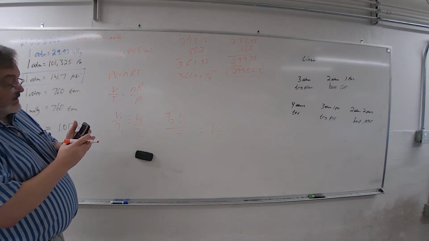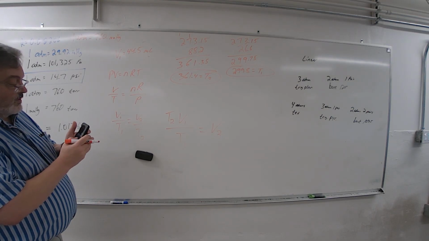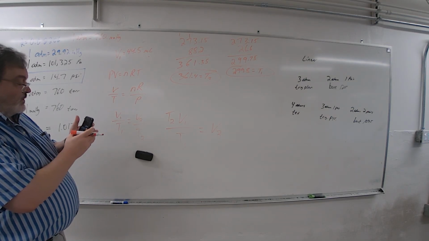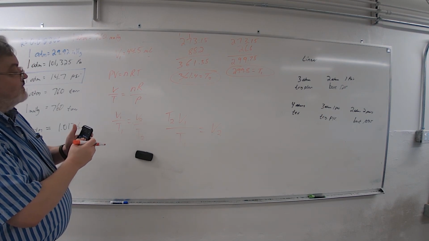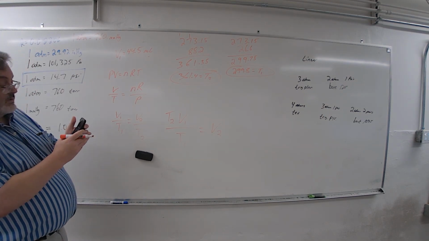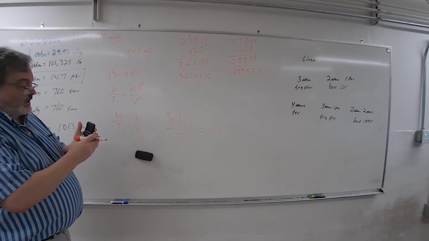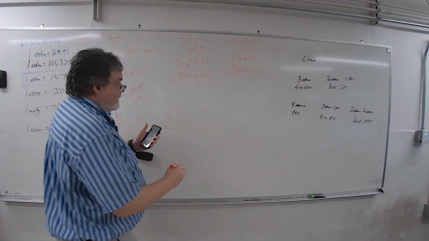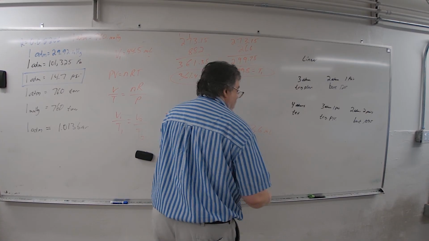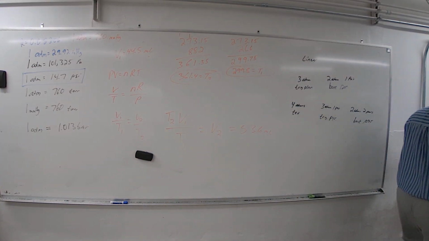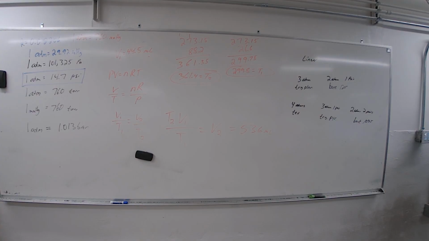T2 is 361.4 times V1, which is 44.5, divided by T1, which is 299.8, giving 53.6 milliliters. It is 53.6, right? Yes.